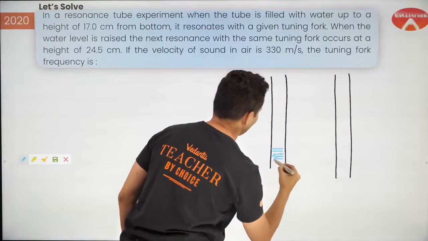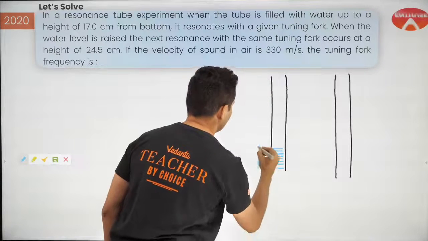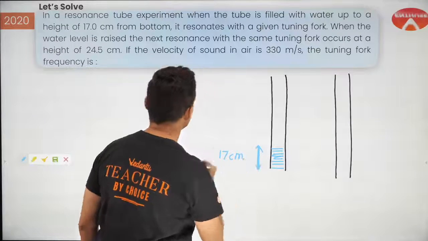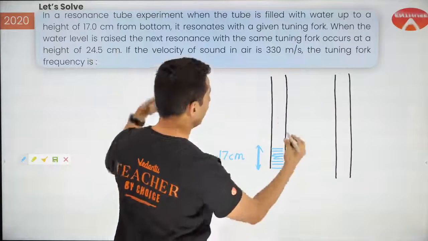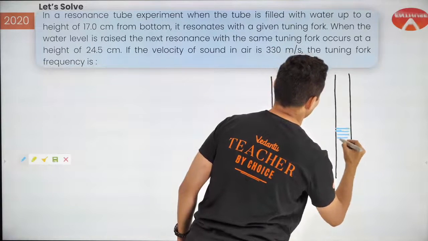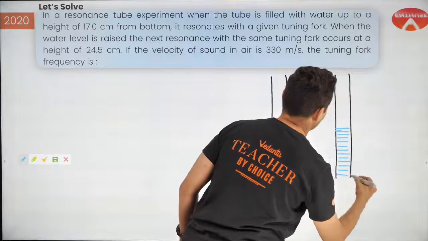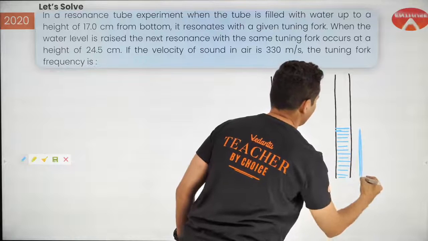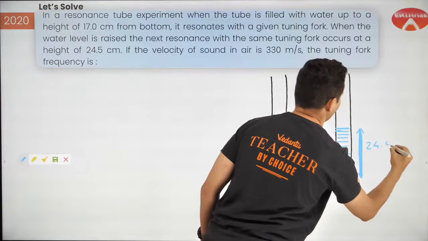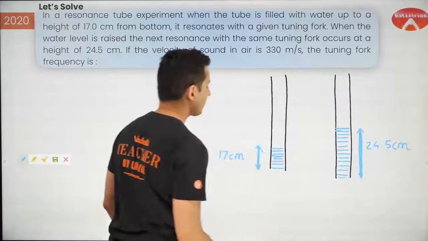So water is filled only till here, and this height is given to be 17 centimeters. Next time the water is filled till a larger height, so maybe here or something, and that height is given to be how much? It's given to be 24.5 centimeters.